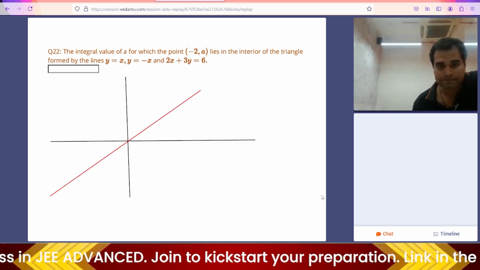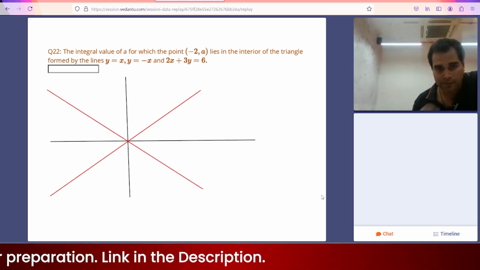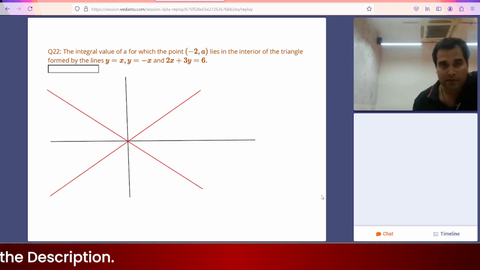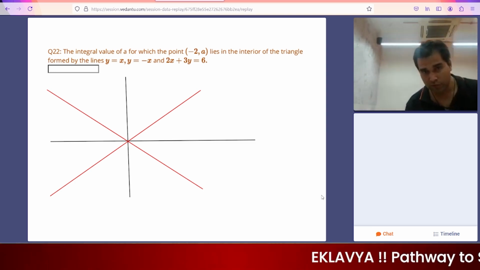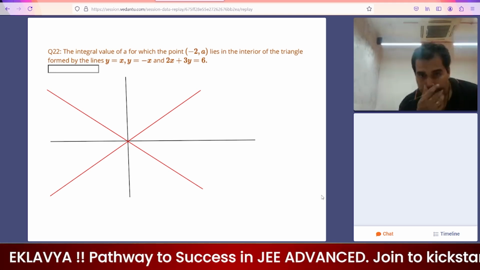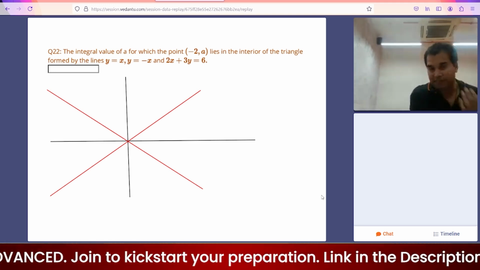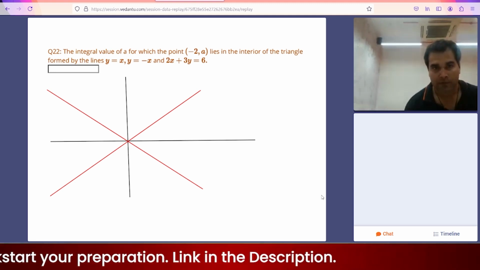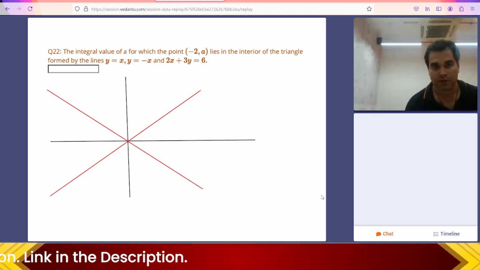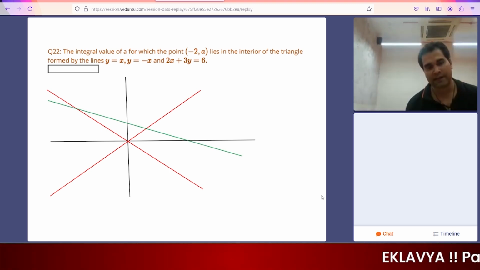Here is the line y equal to minus x, and here we will solve this equation: when x equal to 0, y equal to 2, and when y equal to 0, x equal to 3.